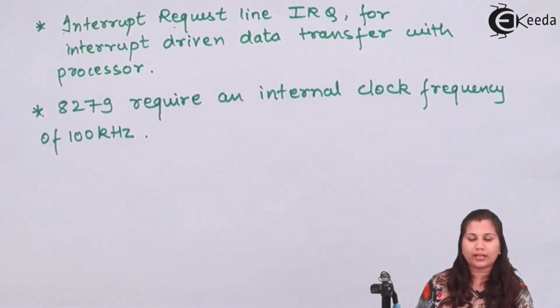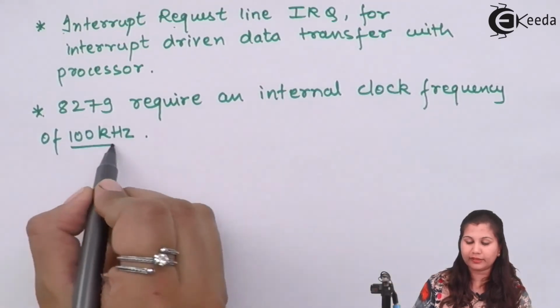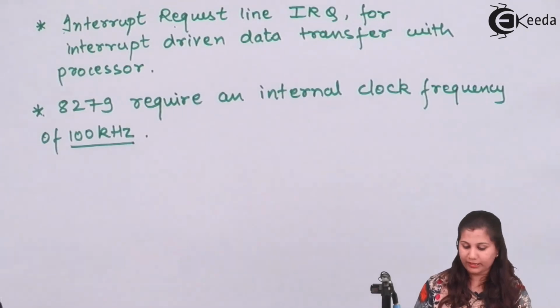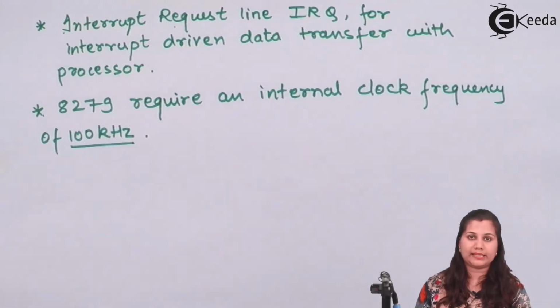The 8279, this programmable keyboard display controller, requires an internal clock frequency of 100 kilohertz. Now how is this internal clock frequency generated? This frequency can be obtained by dividing the input frequency by a prescaler.